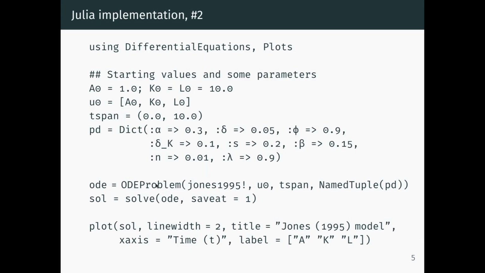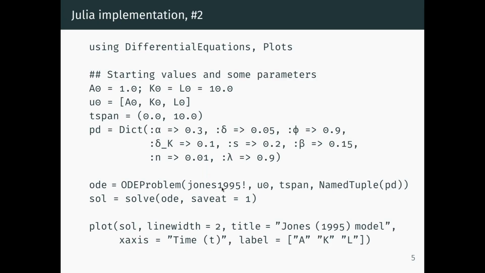Now we have the ingredients of our ordinary differential problem already set up, and we define a new ordinary differential problem with this helper function. The first input to this helper function is our model function that we defined earlier.